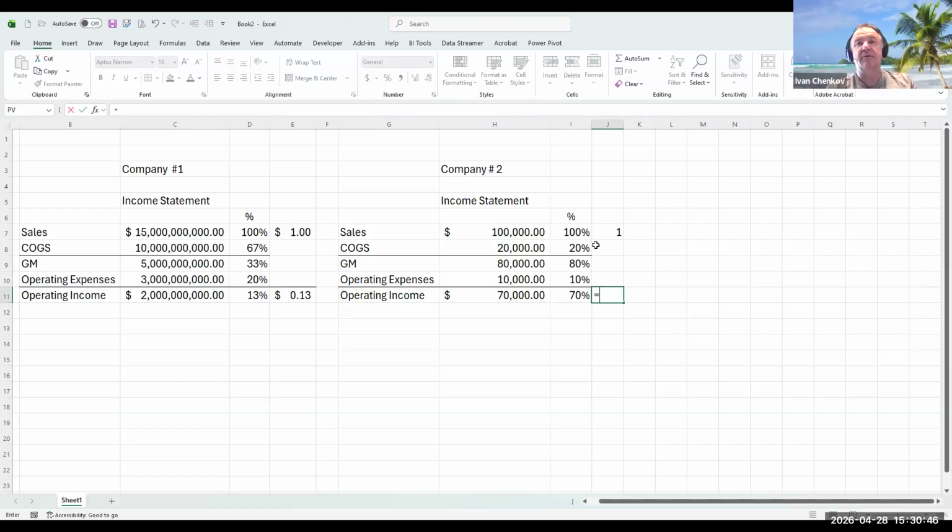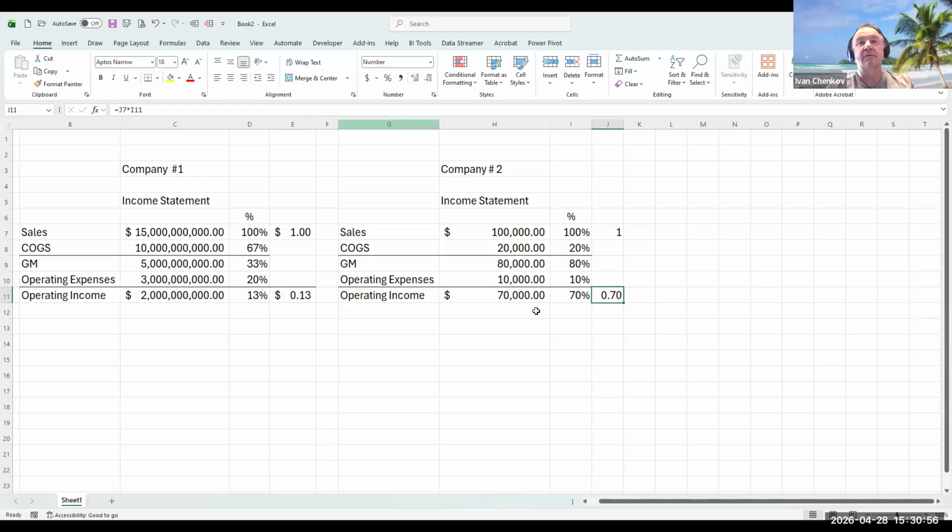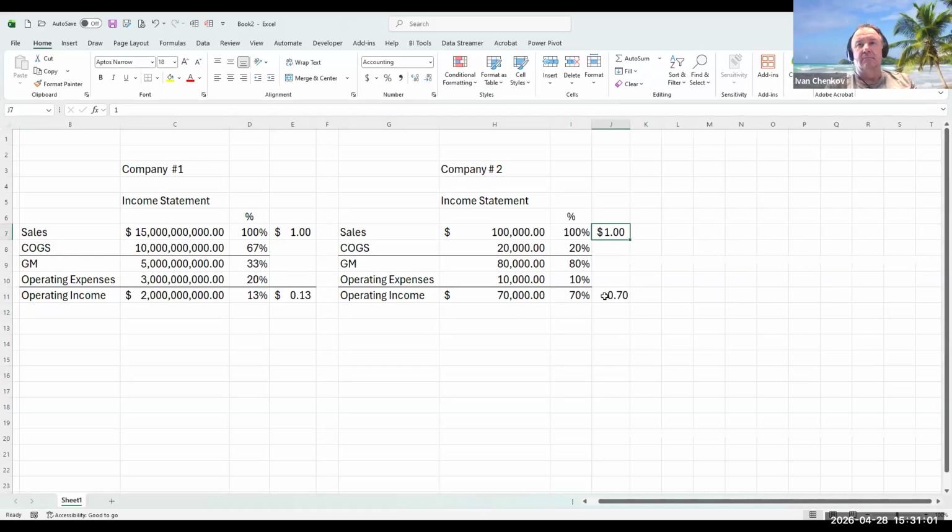How much is going to stay for me? 70 cents. Can you see it? For every dollar of sales, you're actually generating 70 cents.